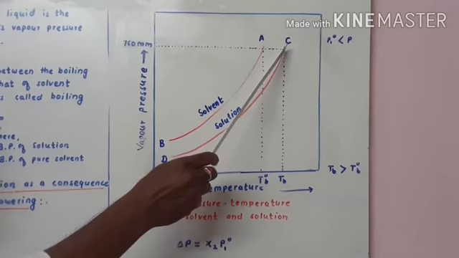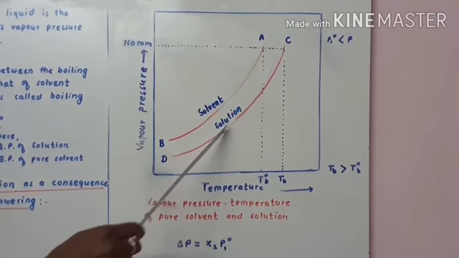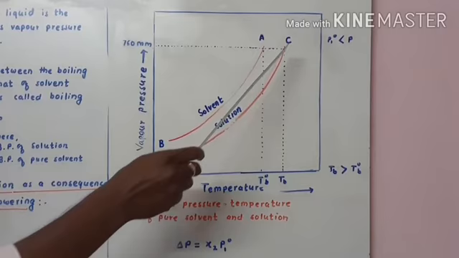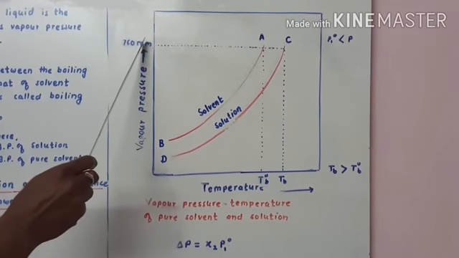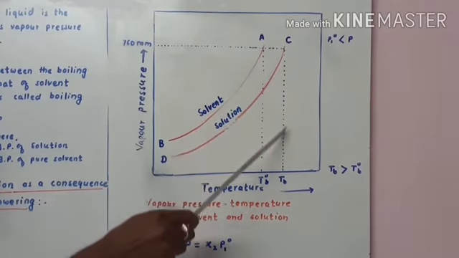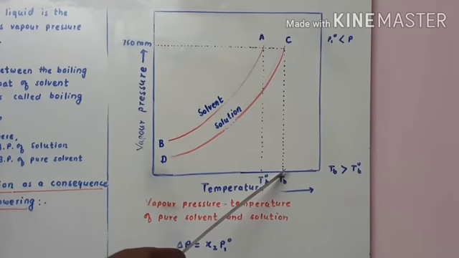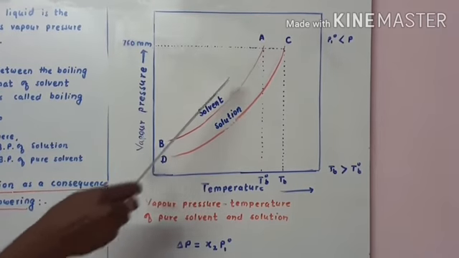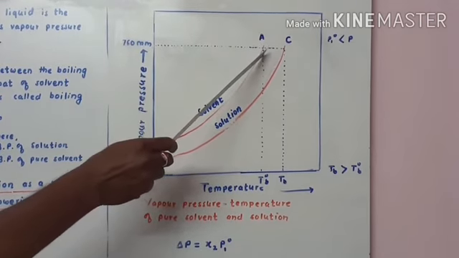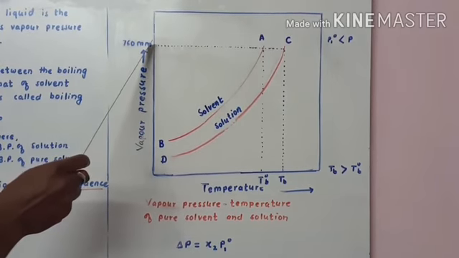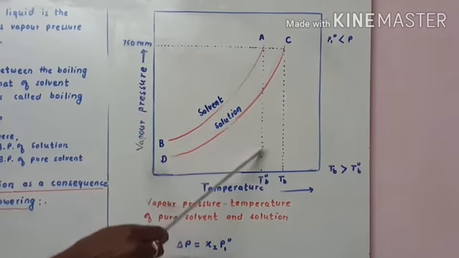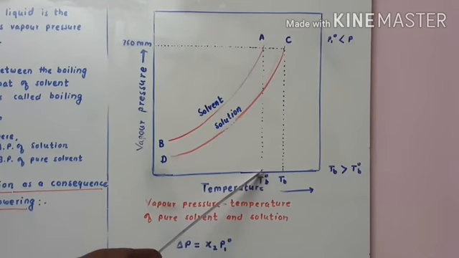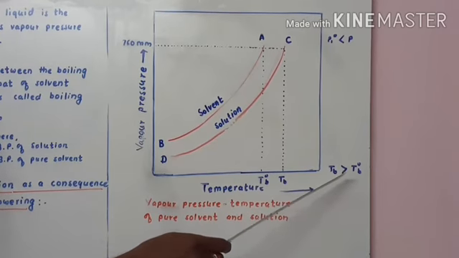See here again, the intersection of curve CD with the line corresponding to 760 millimeter is the boiling point of the solution. Similarly, the intersection of curve AB with the line corresponding to 760 millimeter is the boiling point of the pure solvent. So the boiling point of the solution is greater than the boiling point of the pure solvent.